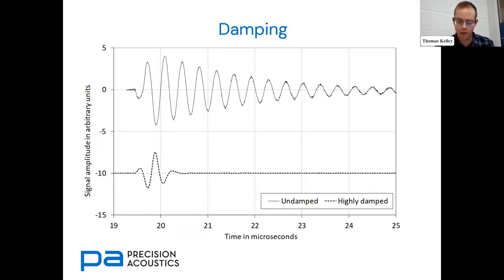Perhaps not strictly immersion or contact, but they still very much benefit from low levels of damping, highly resonant structures. In contrast, this bottom trace here shows a much shorter impulse response, which corresponds to the higher bandwidth. This would be great for imaging and time of flight resolution, but probably not that great for a high-powered application.